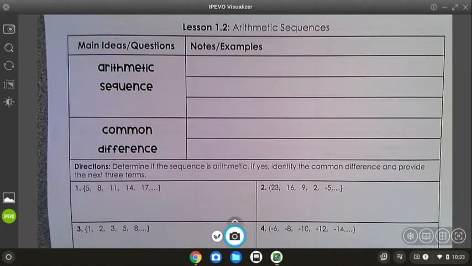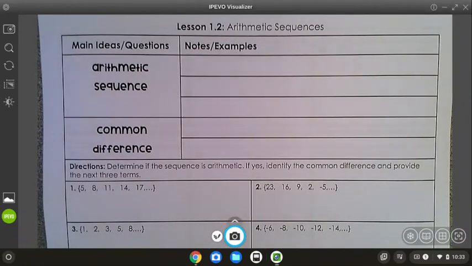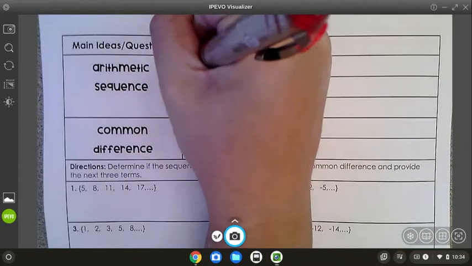Hey guys, in this video, we're doing lesson 1.2, which is on arithmetic sequences. An arithmetic sequence is a type of sequence.